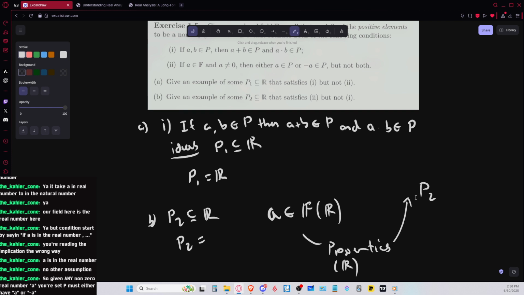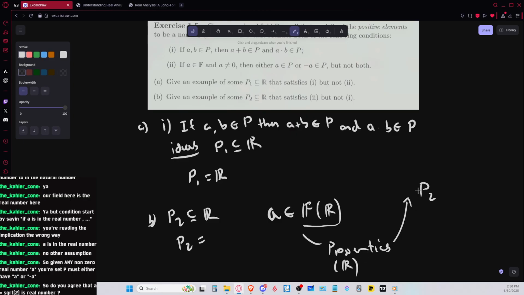Because I think what you're trying to explain to me is that A has the properties of this set, but it somehow takes it to this set. That's what I'm thinking you're trying to explain to me. But I also want to make sure that I'm not thinking incorrectly in this case.